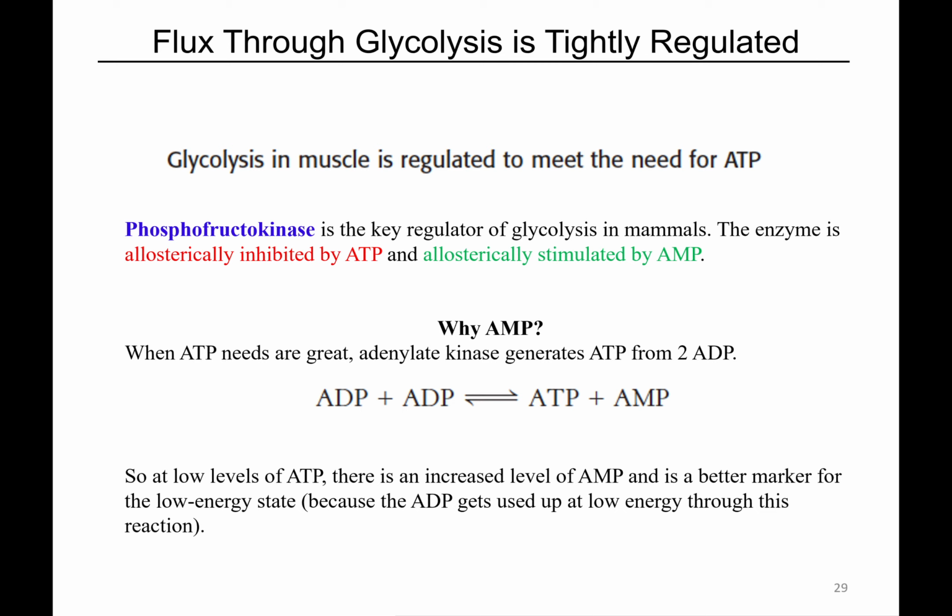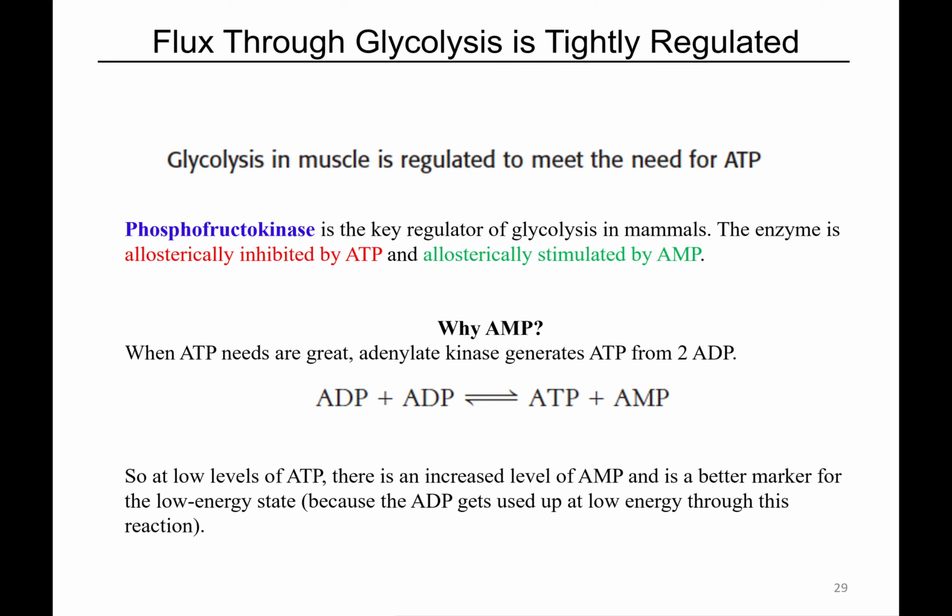And as it turns out, phosphofructokinase is by far the most important one, by far. It is inhibited by ATP, which hopefully makes sense. A buildup of energy stops making more energy. A high energy charge of the cell means we don't need more energy, so let's turn off glycolysis.